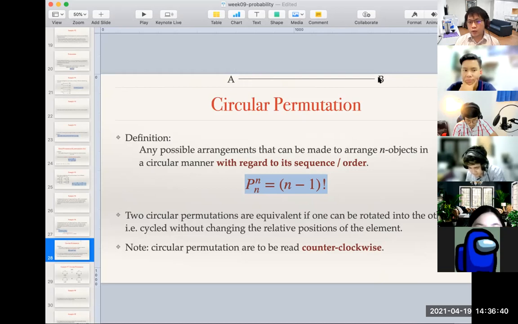You have two different points, so that's why the order is much more important.